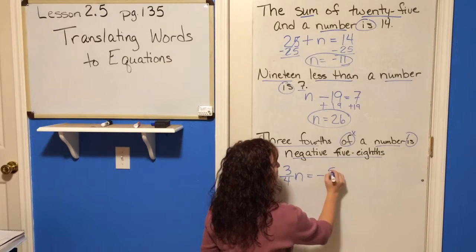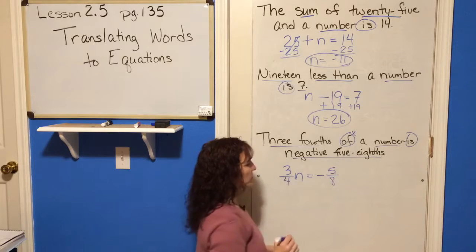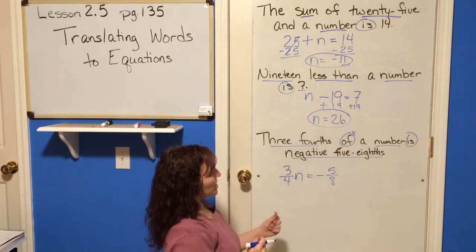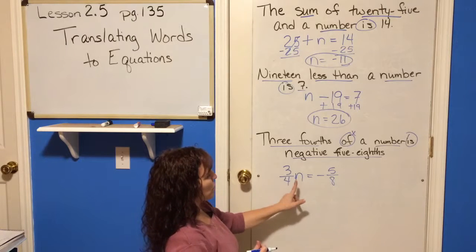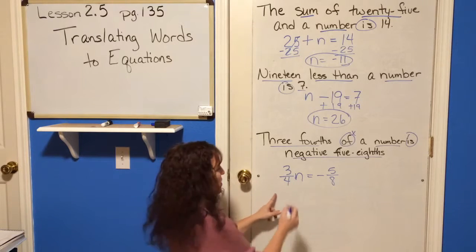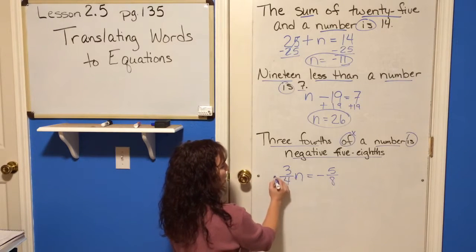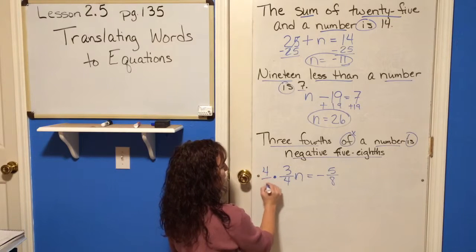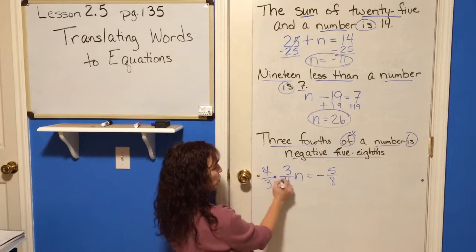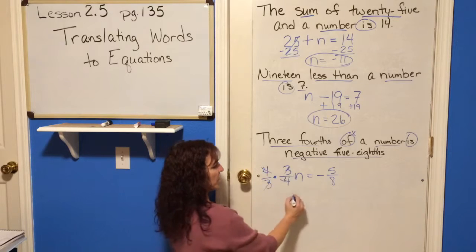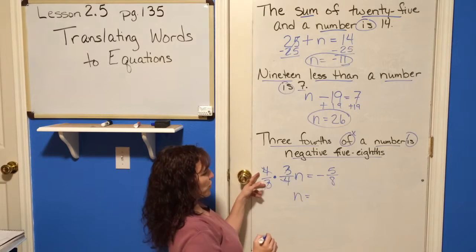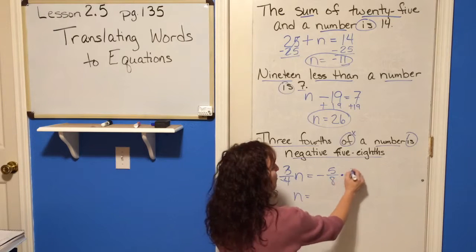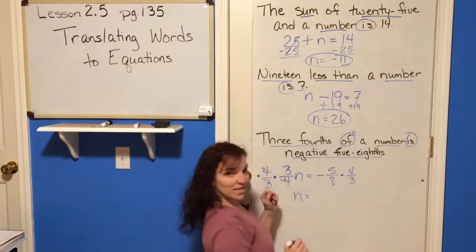So in this case, we've got fractions, and so we're simply going to multiply by the reciprocal to get rid of the fraction in front of the n. The reciprocal of 3/4 is 4/3, so that those cancel, and you just have n on this side of the equation. You multiplied by 4/3 on this side, so you've got to multiply by 4/3 on this side.